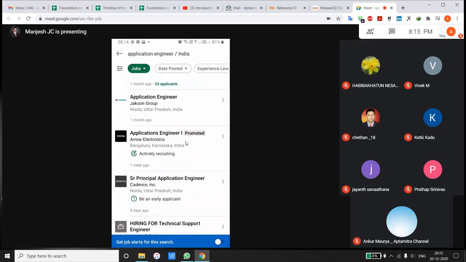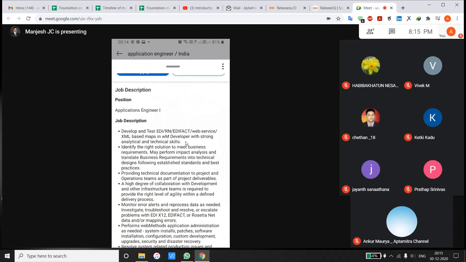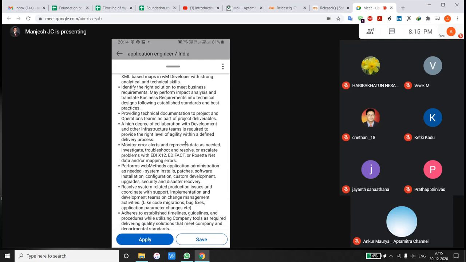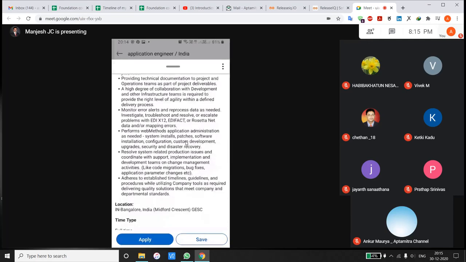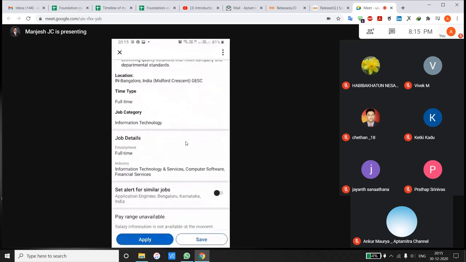Okay, for example, Arrow Electronics over here, you can see. Arrow Electronics is also the same. Okay, provide technical documentation, identify the right solution to meet business, then strong analytical and technical skills, monitor error alerts, resolve system related issues. So all these are being told.